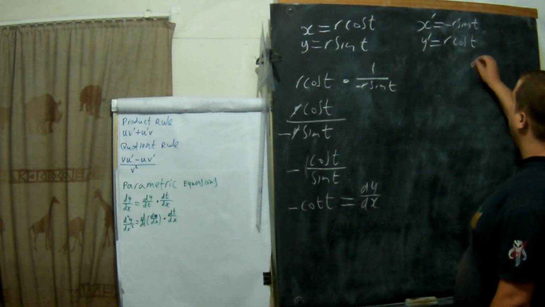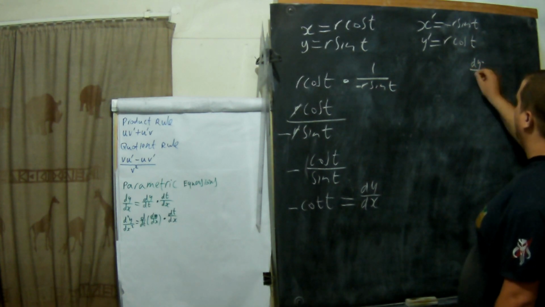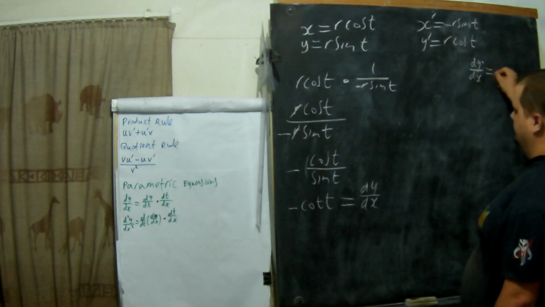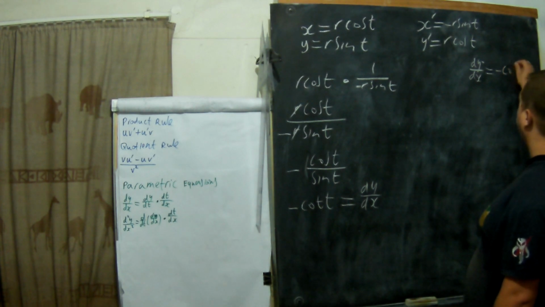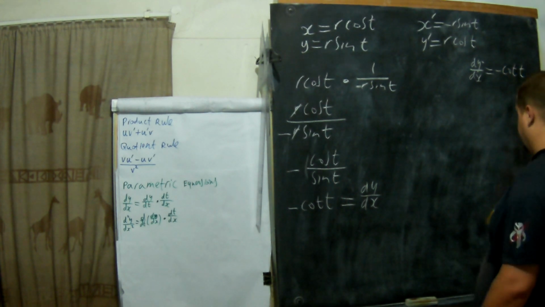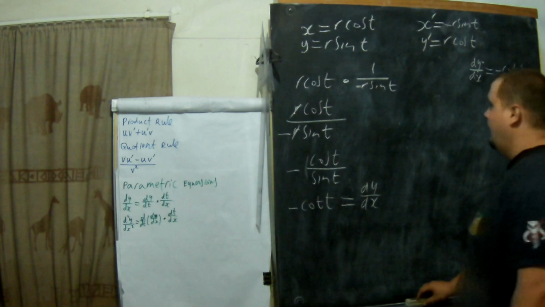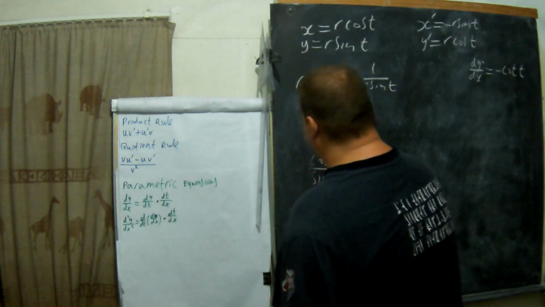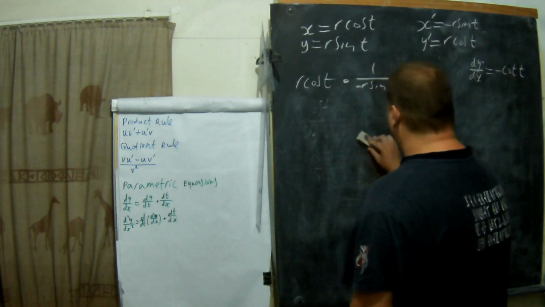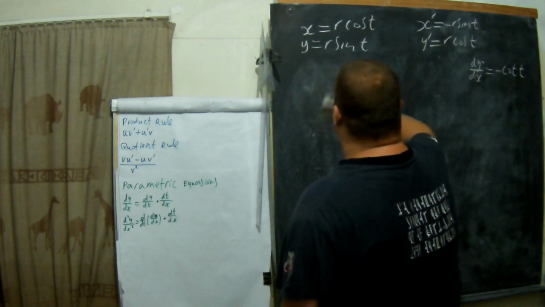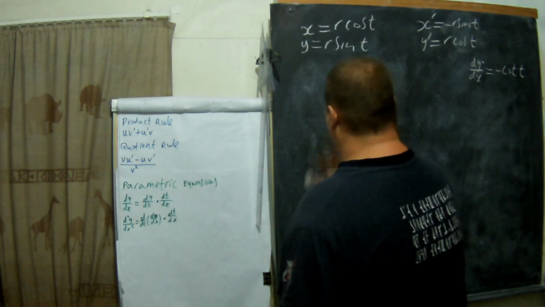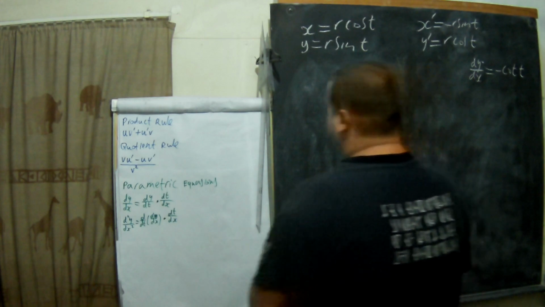Now, dy over dx is equal to minus cot t. Next stage is getting our second order derivative into play.